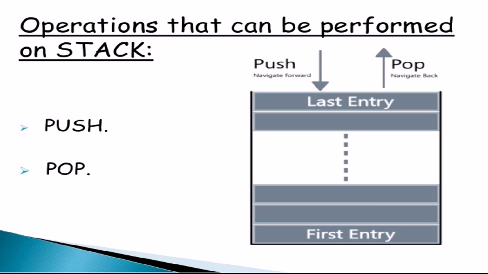Push operation means adding something new to the top of the stack, and pop means taking the item from the top of the stack. So, with the stack, you always add or remove items from the top, last in, first out.